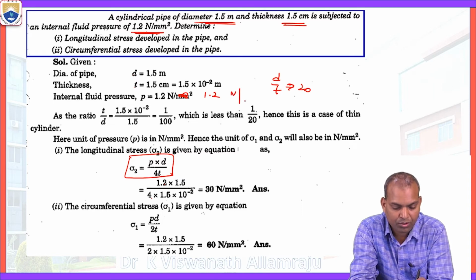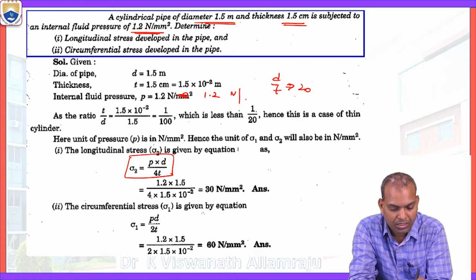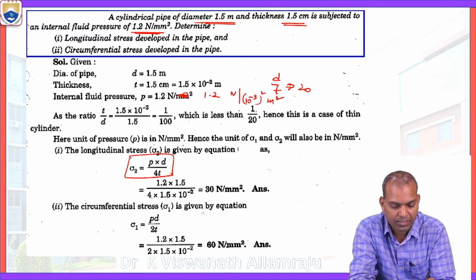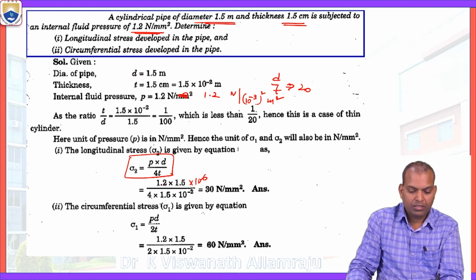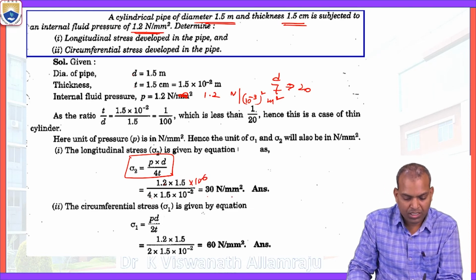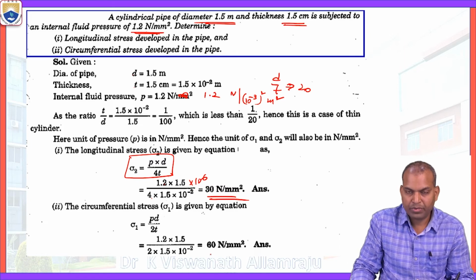1 millimeter equals how much? 10 power minus 3 whole square, that is meter square. Then 1.2 into 10 power 6. If you substitute all values, it comes as Newton per square millimeter.